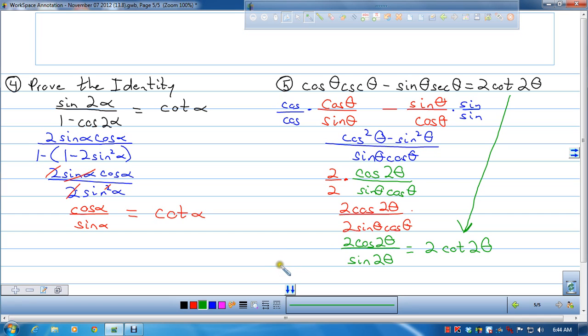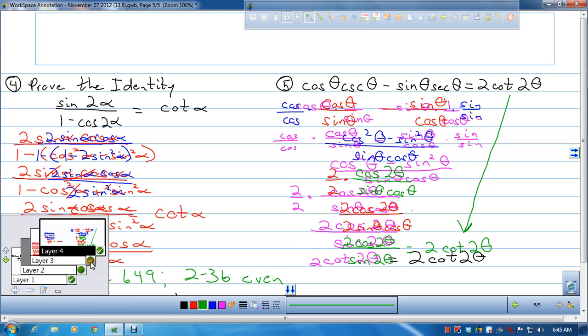Your homework is going to be page 649, 2 through 36 even.